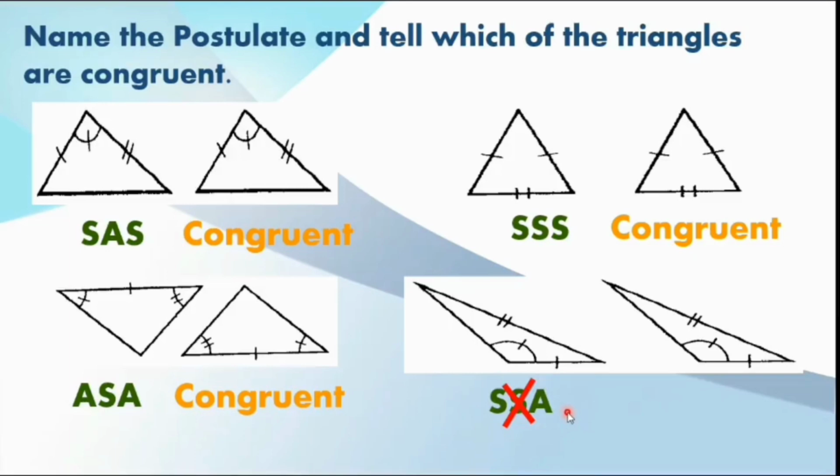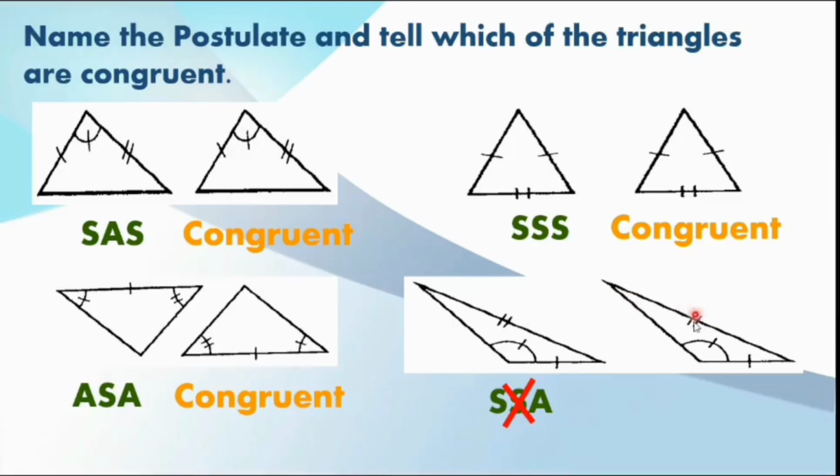And the only way we can tell that these two triangles are congruent is when all corresponding parts are marked congruent. Ibig sabihin, masasabi lang natin na yung dalawang triangles na to are really congruent kung lahat ng corresponding parts niya ay merong tick marks saying that they are congruent.